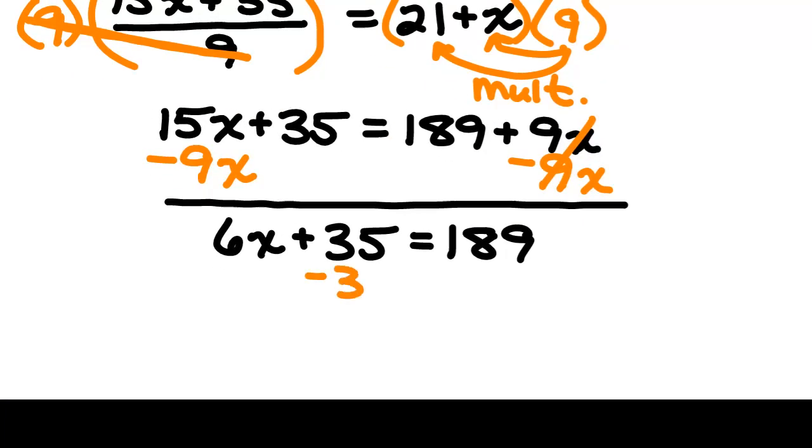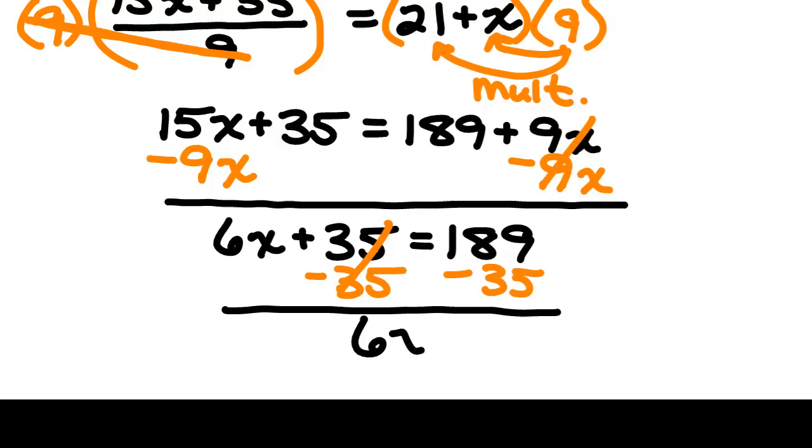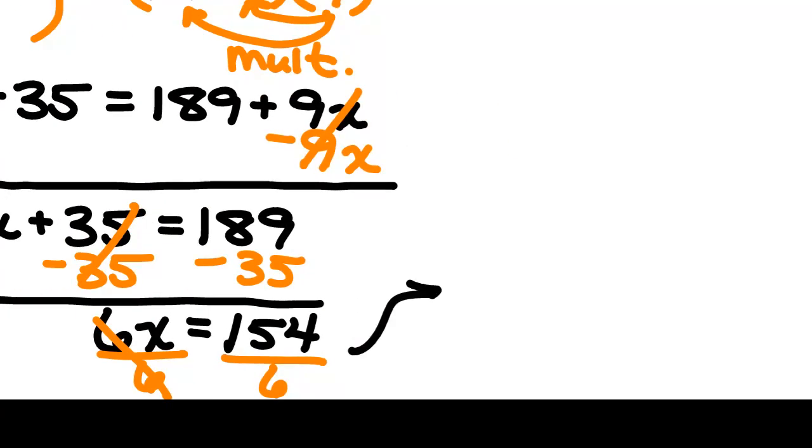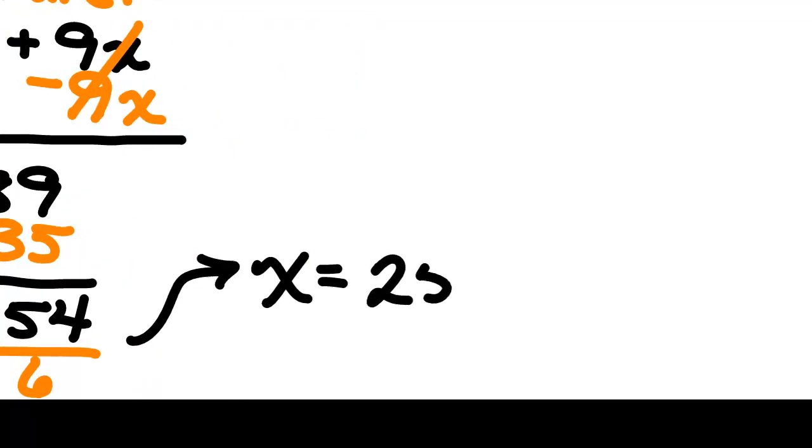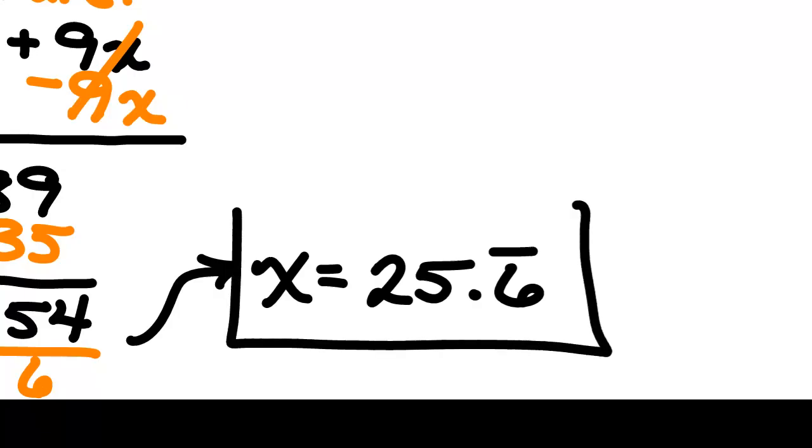Then we subtract 35 from both sides. I get 6x is equal to 154. And then we divide both sides by 6. Do we get a whole number? No, that does not mean that you made a mistake, though. X comes out to be 25.6 repeating.